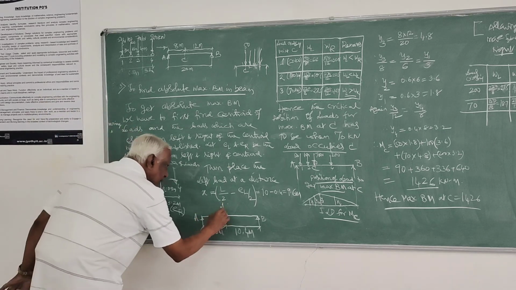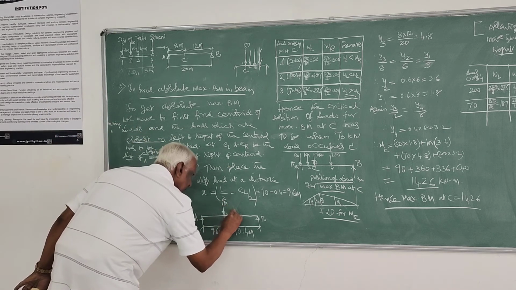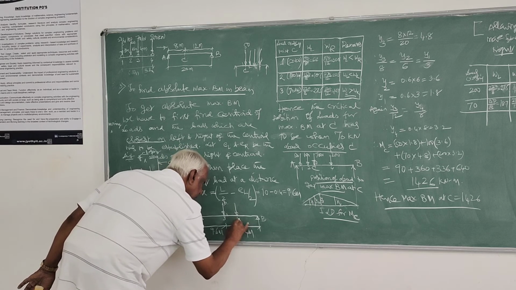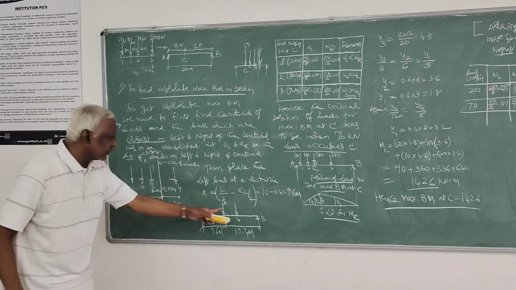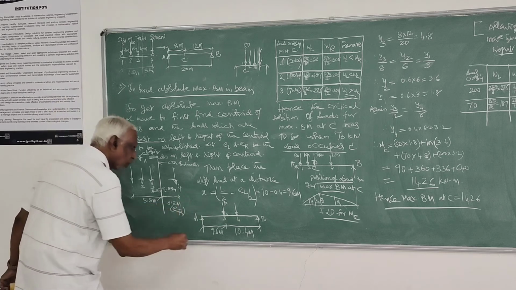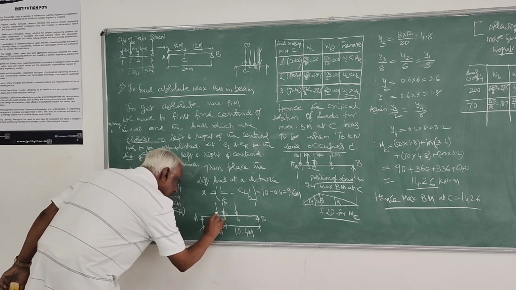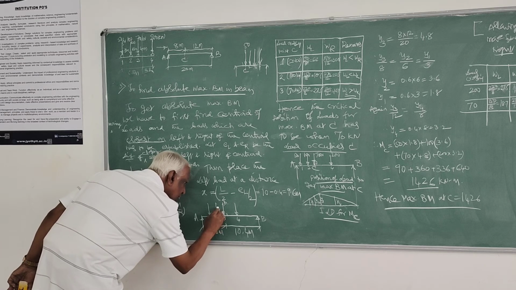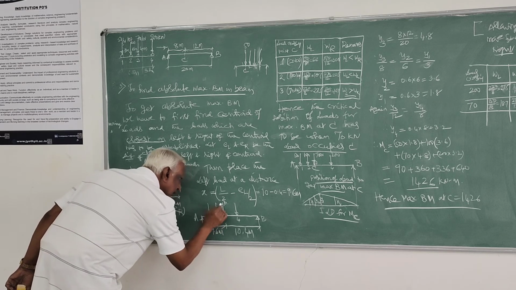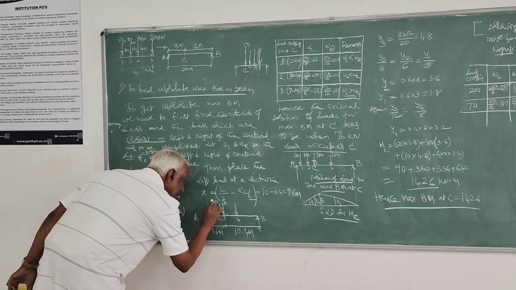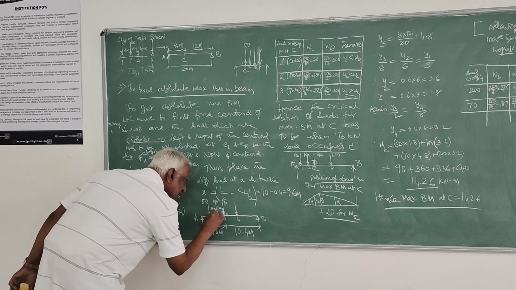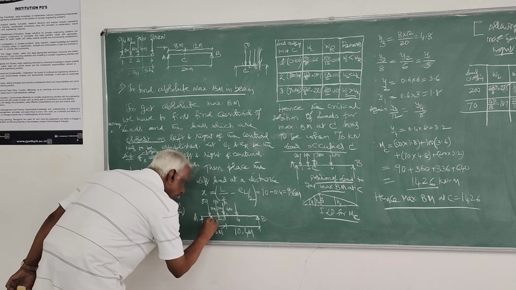You see that load 3 is 70 kilonewton. Then you arrange the other loads with respect to this. The other load 4 will be at 4 meters, and the other 2 loads will be here. Load 2 is 2 meters from here. This is 100. So this is 50, which is at 3 meters. So this is at 4 meters.